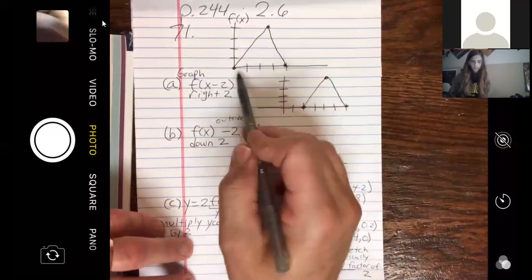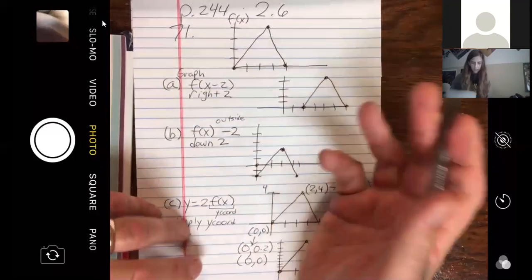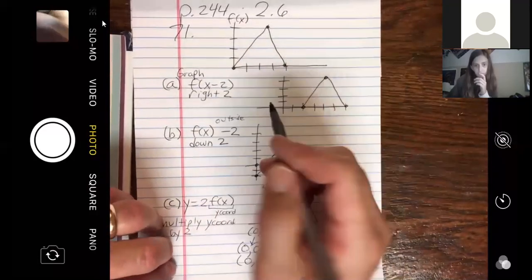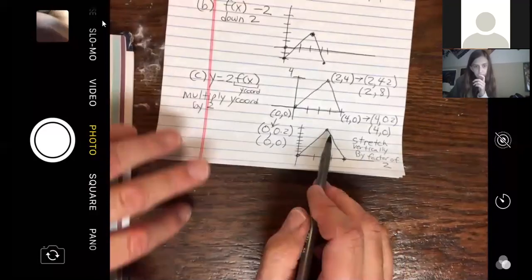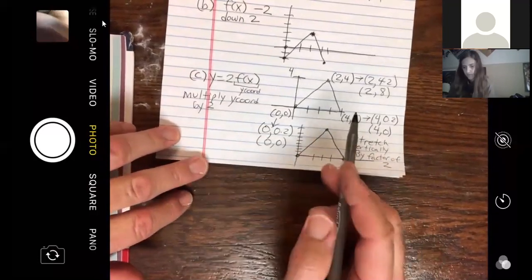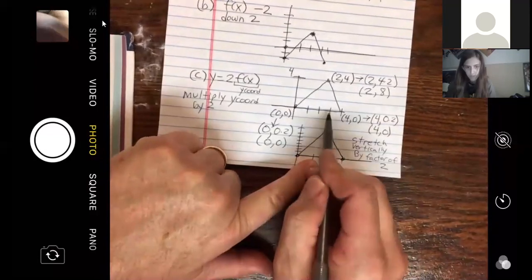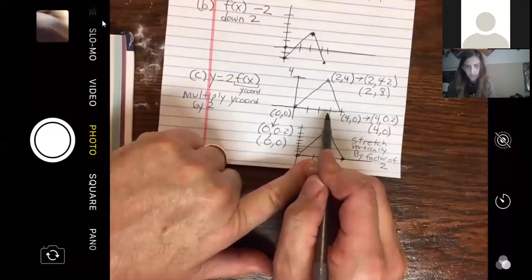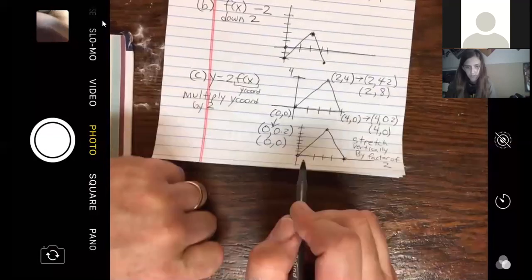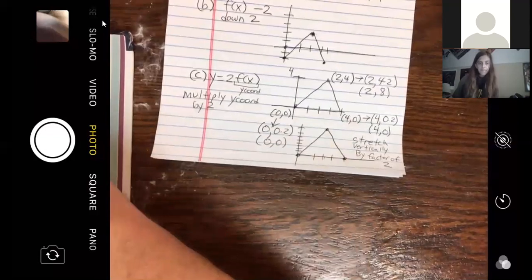Most people can figure out what points are, 2 to the right. But I find it helpful, for me anyway, if I know I'm going to multiply stuff, to go ahead and write the coordinates. It's like you pin the bottom of this and stretch the top up by a factor of 2. Questions about this?